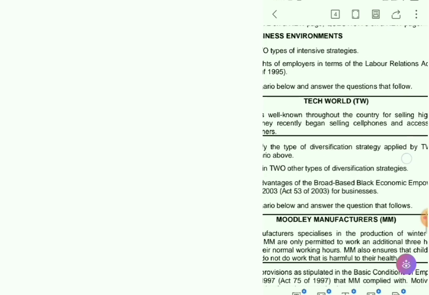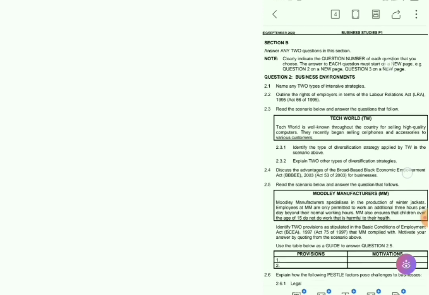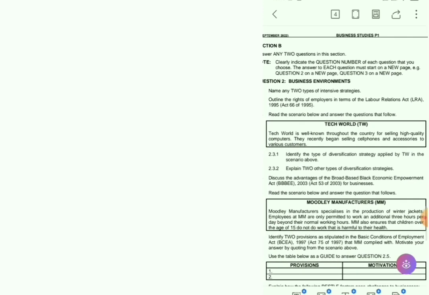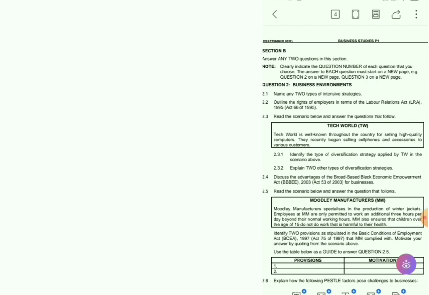They recently began selling cell phones and accessories to various customers. Let me zoom in so that you guys can read. Take your time. Now you're done reading. So let's go. 2.3.1 Identify the type of diversification strategy applied by TW in the scenario above.